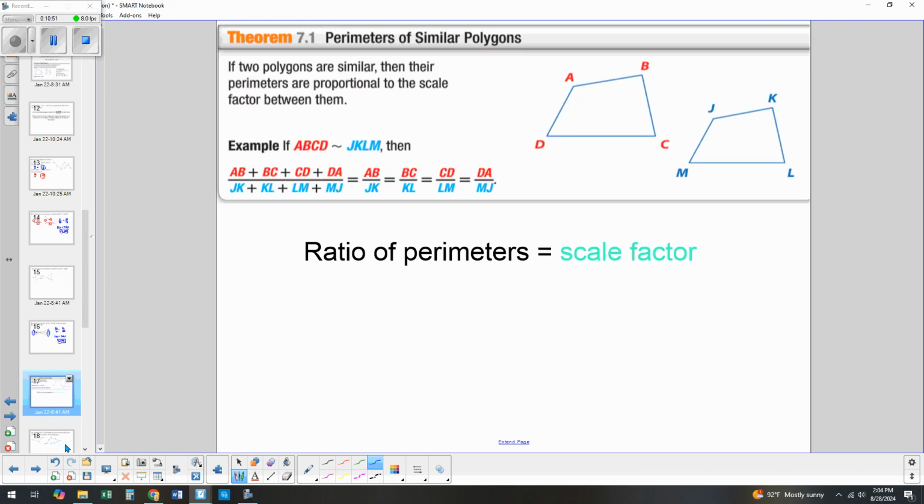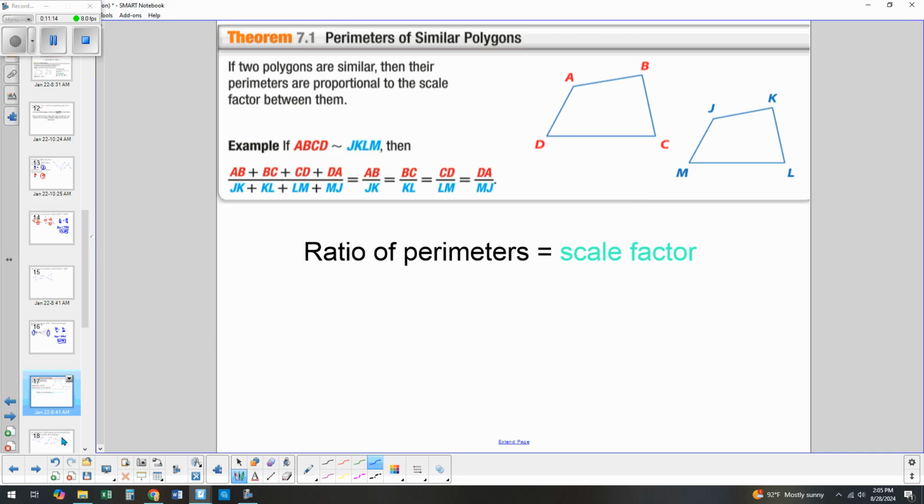The last thing we're going to talk about is the ratio of the perimeters of two figures. If the shapes themselves are similar, then whatever that scale factor is the same as the ratio of the perimeters. So adding up the sides and comparing them will reduce to the same fraction as comparing a single side and reducing it.